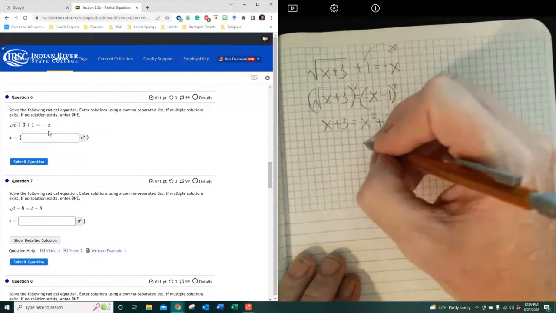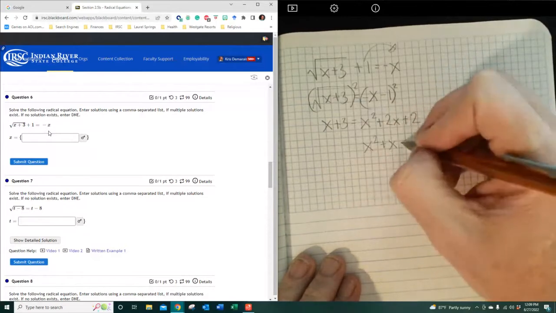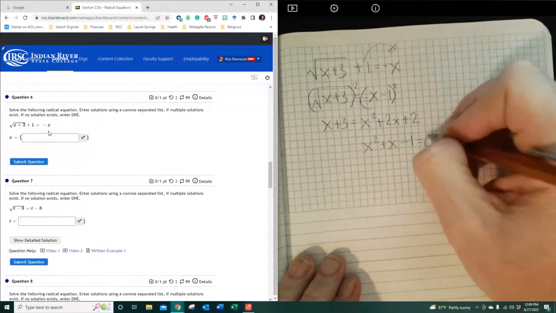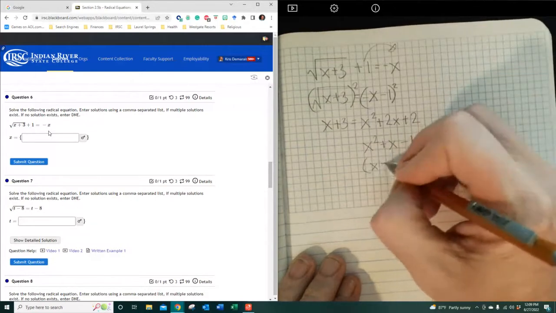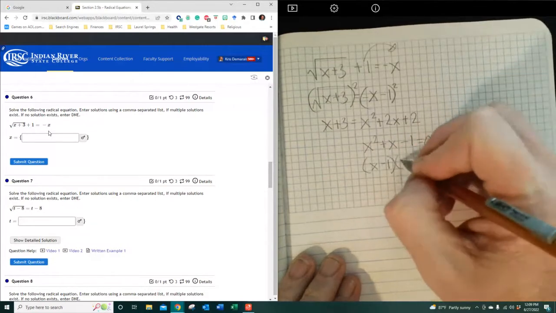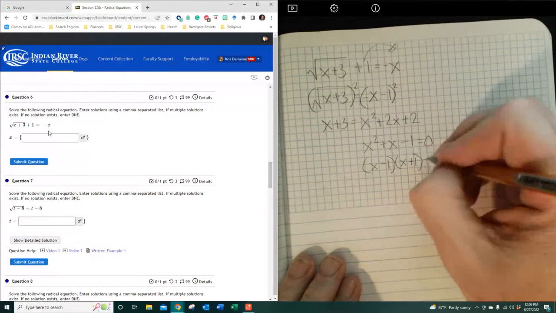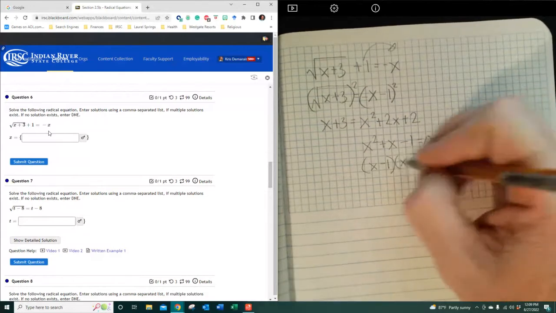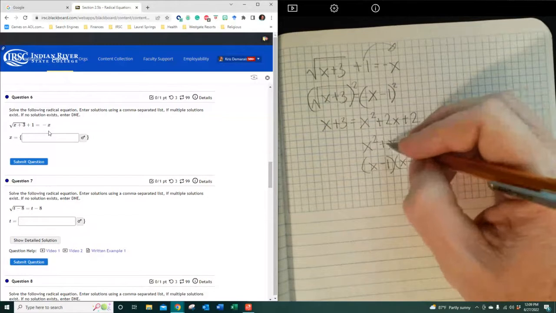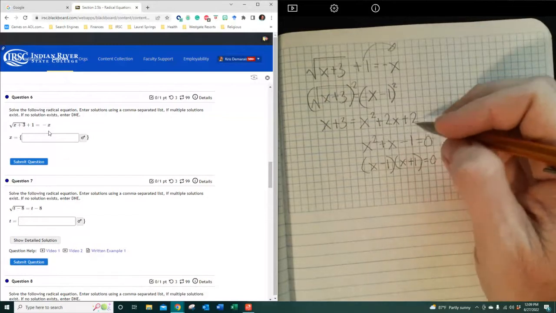We isolate everything to one side of the equation. We factor. And we notice that that's not the factor that works for this because this does not add up to positive.